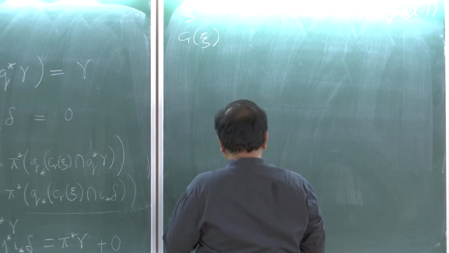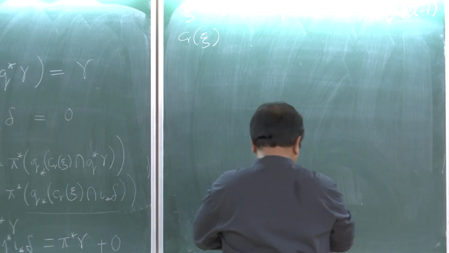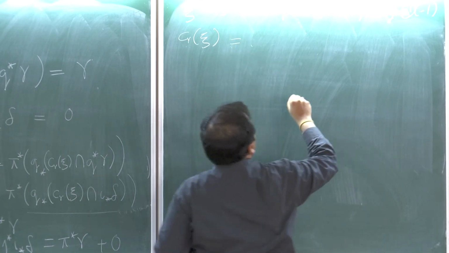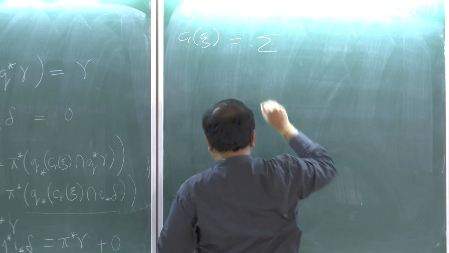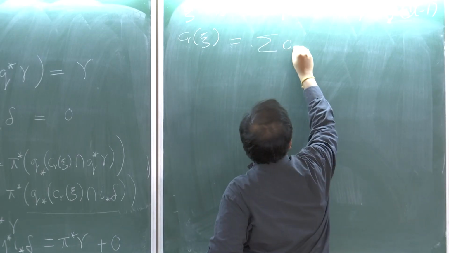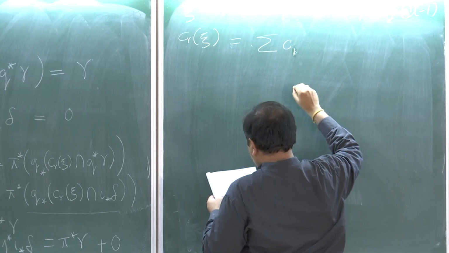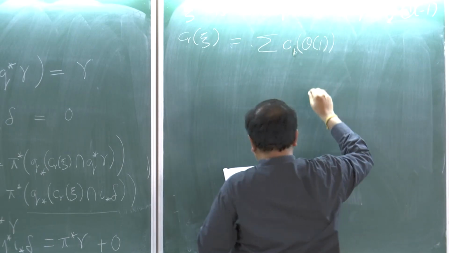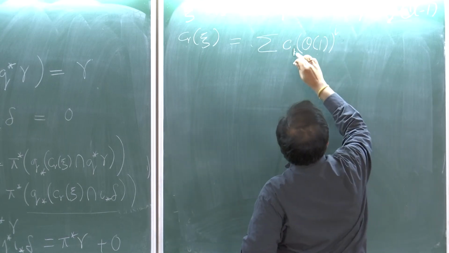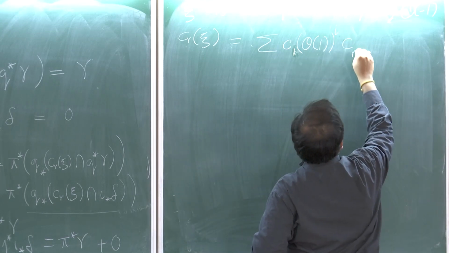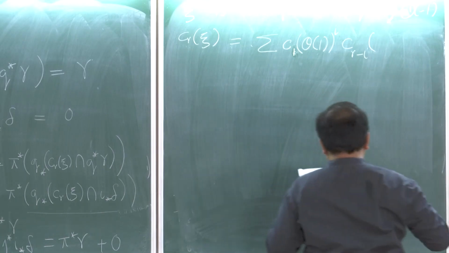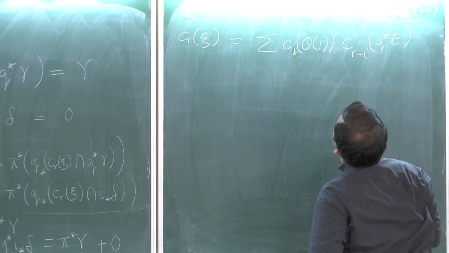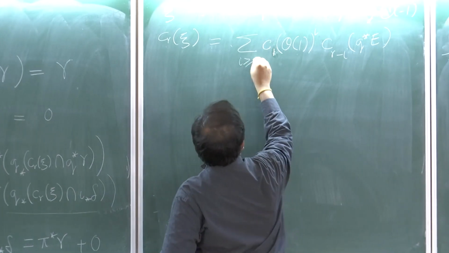What you will get is the sum of C1 of O1 to the power I, CR minus I of Q upper star of P, for I greater than or equal to 0.